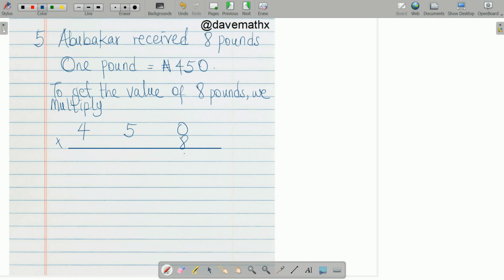First, we start with 8 times 0, which is 0. Then 8 times 5, which is 40, we write down 0 and then put the 4 at the top of the 400. After that, we have 8 times 4, which is 32. 32 plus the 4 remainder, we have 36. We write down the 36.